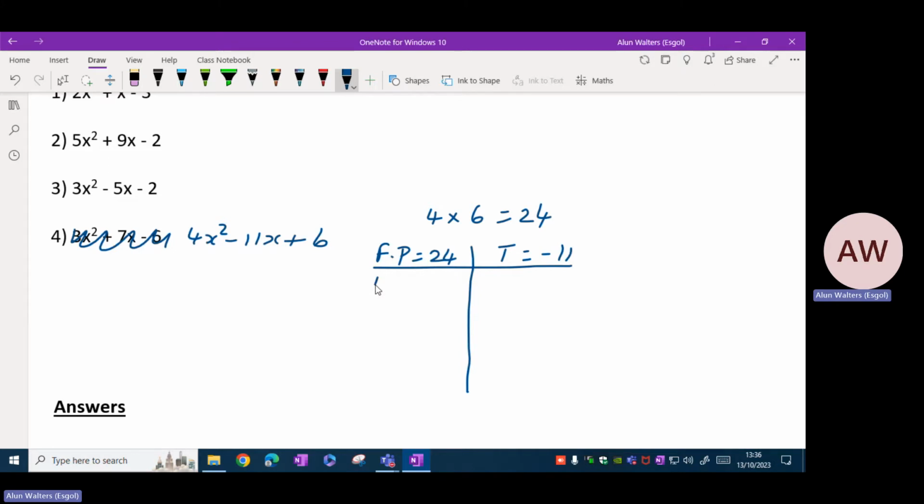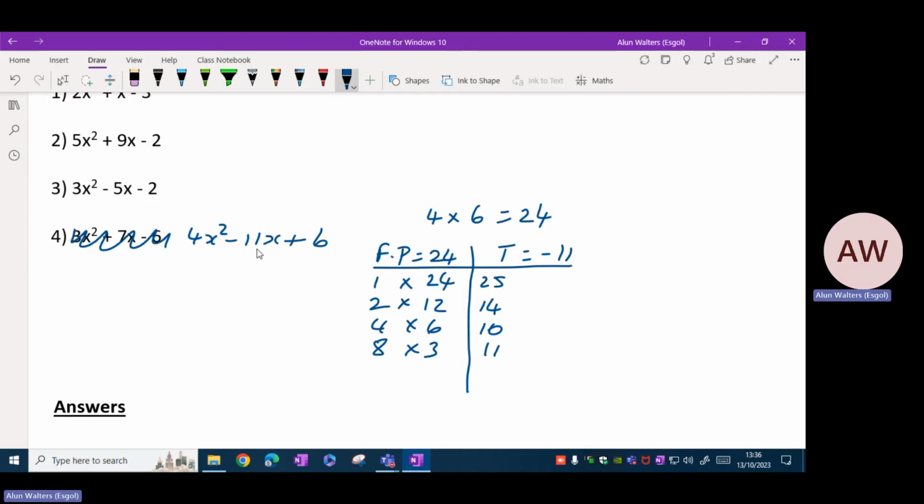So the obvious ones are 1 times 24, 2 times 12, 4 times 6, 8 times 3, but they all add up to 25, 14, 10, and 11.